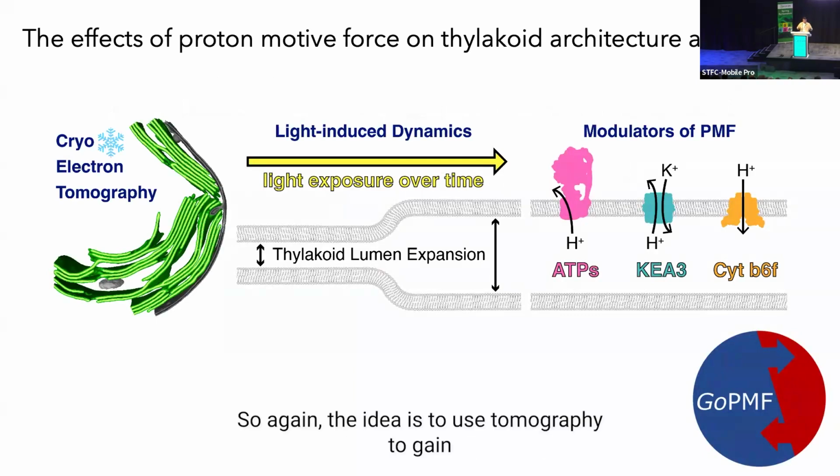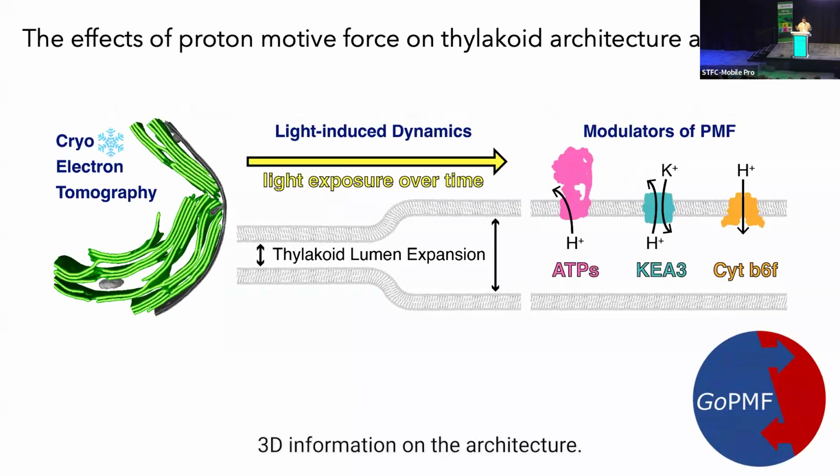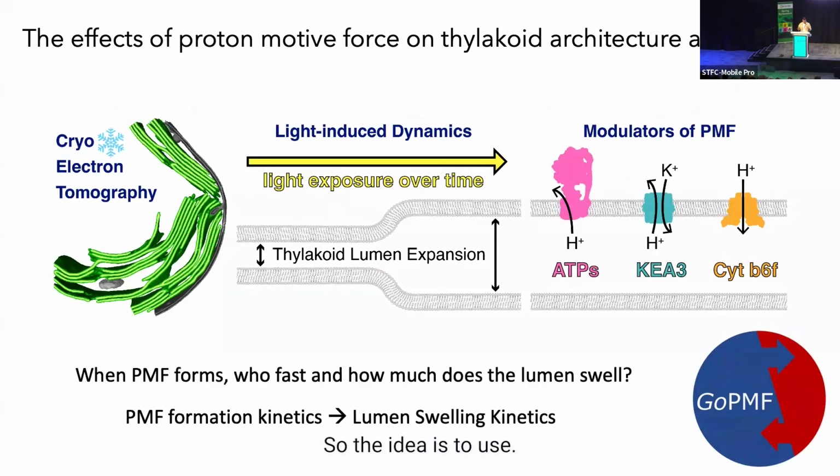So again, the idea is to use cryo-electron tomography to gain 3D information on the architecture, so to really have a structural understanding of it, and also to have some kinetic. So the idea is to use the lumen swelling kinetics as a proxy for ion osmolarity in the lumen.